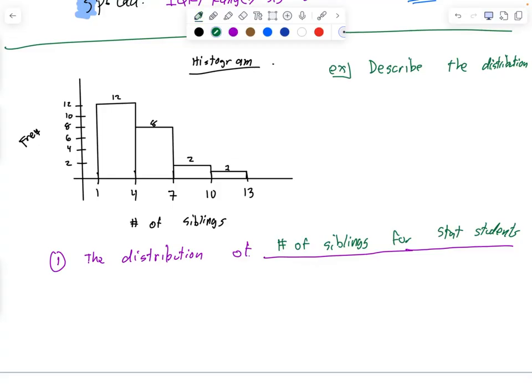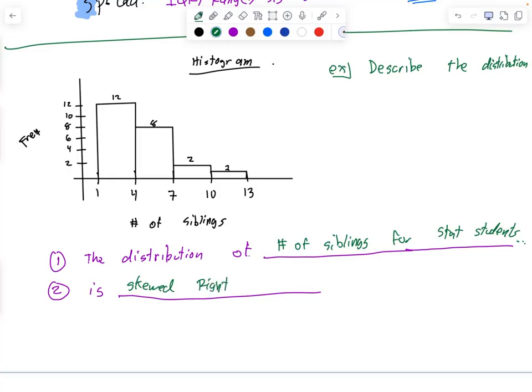Be quiet. And how many peaks? There's 1. So it is unimodal. The highest. So once again, this was the shape. Like the peak of the mountain.